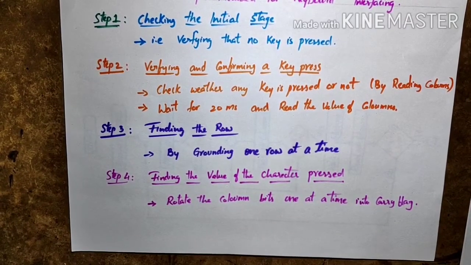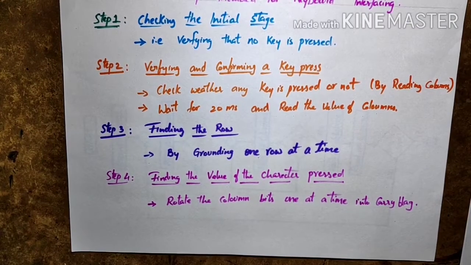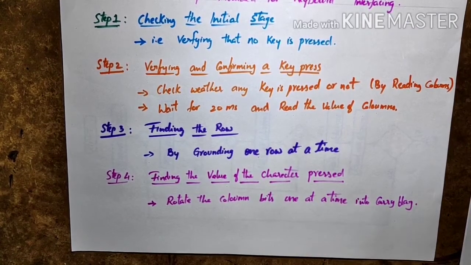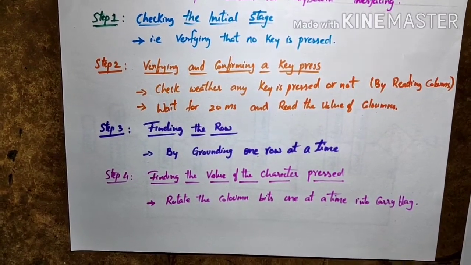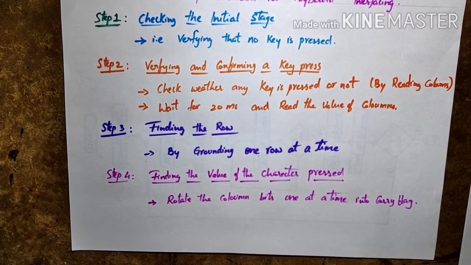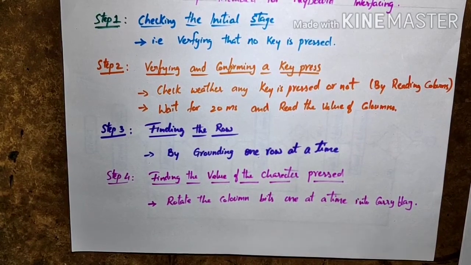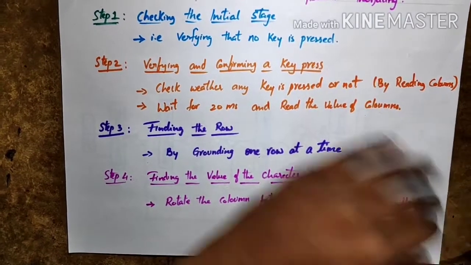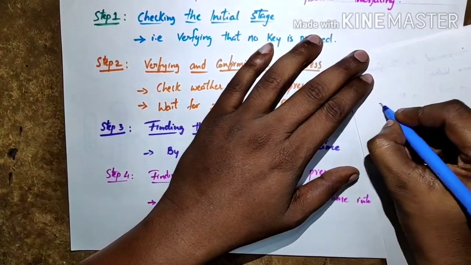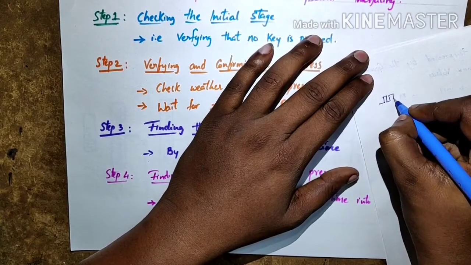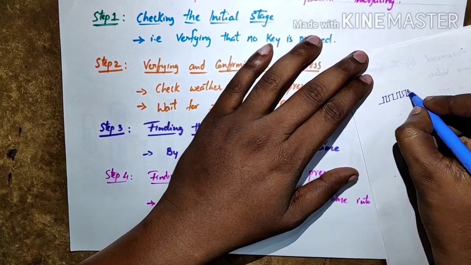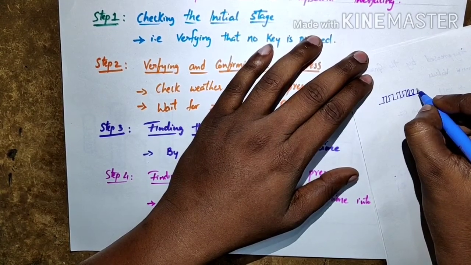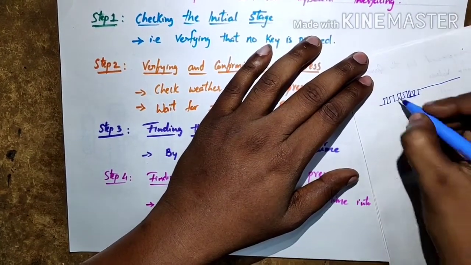Those pulses may occur due to error signals also, which we can call spike noise. When we are pressing a particular key, the key press will be like this for a particular amount of time. After the high and low pulses, it will be constantly high.